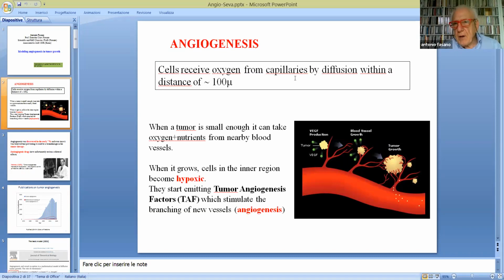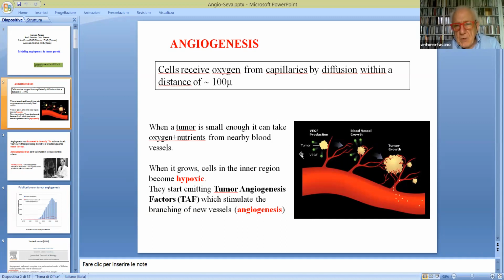And oxygen diffuses towards the cells, and it is used up by the cells. But this works within very short distances, say 100 microns, because after that, there is no more oxygen available.